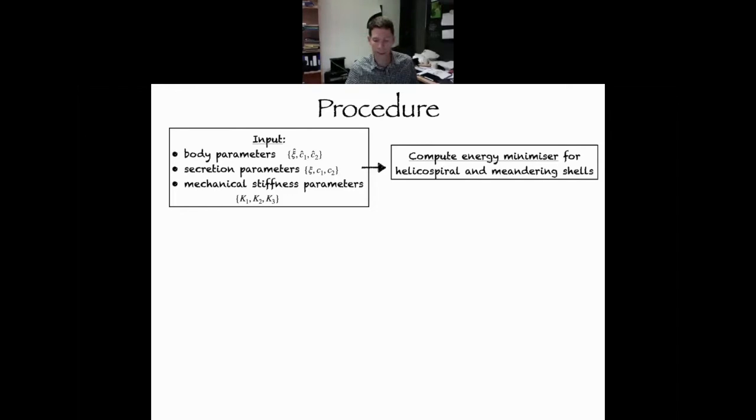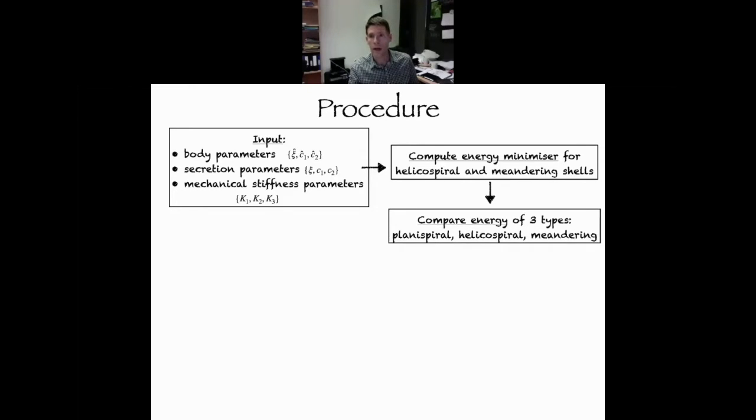In other words, I have my energy depending only on that one variable. If I'm doing helicospiral, the energy only depends on D0, and I can find the energy minimizer. And I can do the same thing for the meandering shell, where I find which of those parameters minimizes all the possible meandering ones. And then I have 3 different energies. So I have the energy if it didn't twist at all, the energy for the lowest constant twist, and the lowest energy meandering shell.